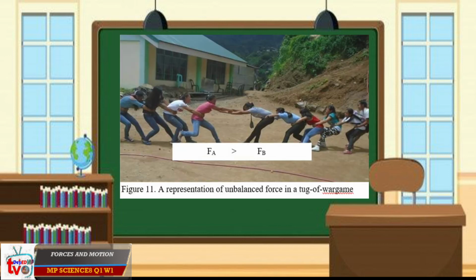Suppose that one of the teams in tug of war, as shown in Figure 11, exerts a greater magnitude of force FB on the ground than the other team. The forces applied on the ground would no longer be equal. One team would be able to pull the other team in the direction of the larger force.